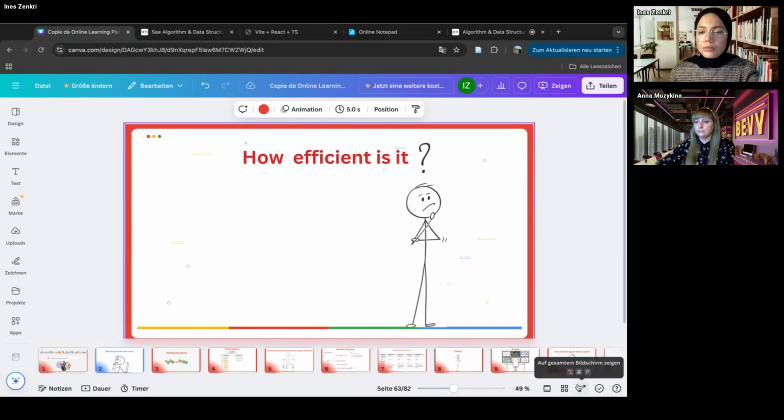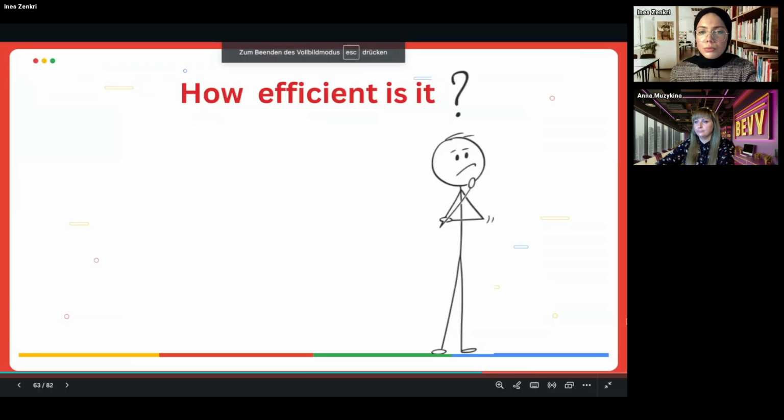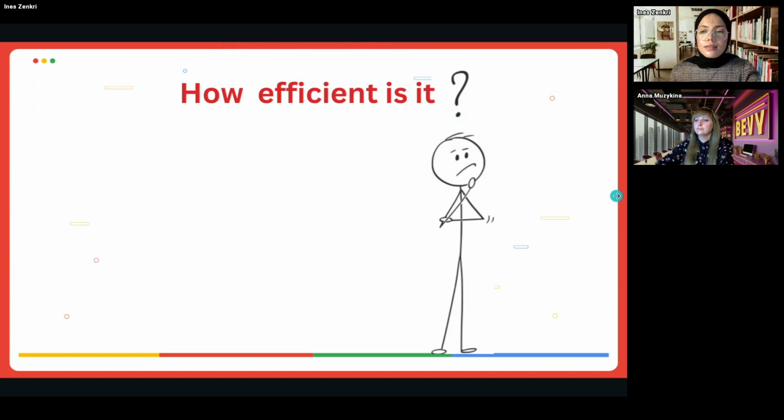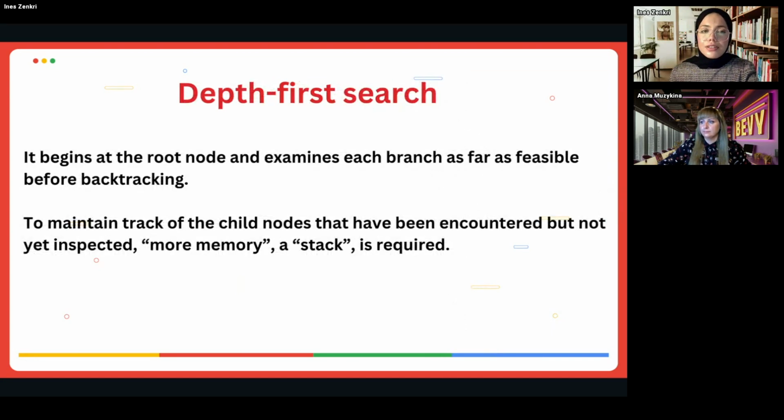Now let's go back to what we were doing. So how efficient is it? Its time complexity, as seen, is big O of V plus E. Now we will pass to the best friend of BFS, which we call depth first search, aka DFS, and it has a different logic.